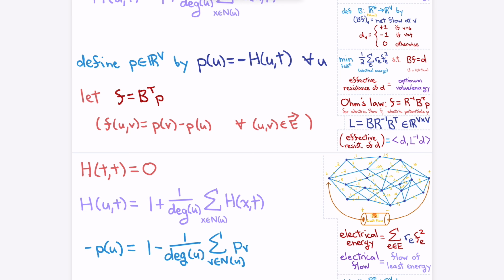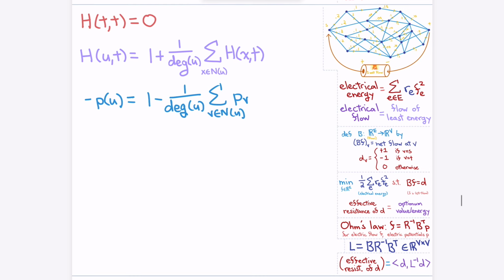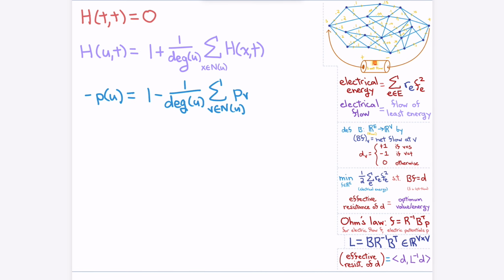All right, good. So now if I rearrange this, what do I get? I'm going to multiply everything by degree u, clear that denominator. And now I have degree u copies of pu and then a bunch of pvs.